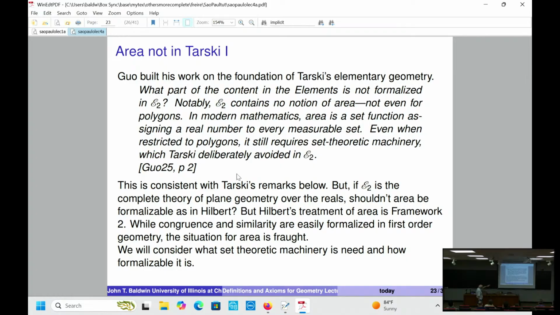And E2, the 2, so he doesn't want very much set theory. And well, but why shouldn't we be able to formalize it as in Hilbert? And I guess I wrote this a week ago, and now I'm saying, well, how do I really believe that Hilbert did it?